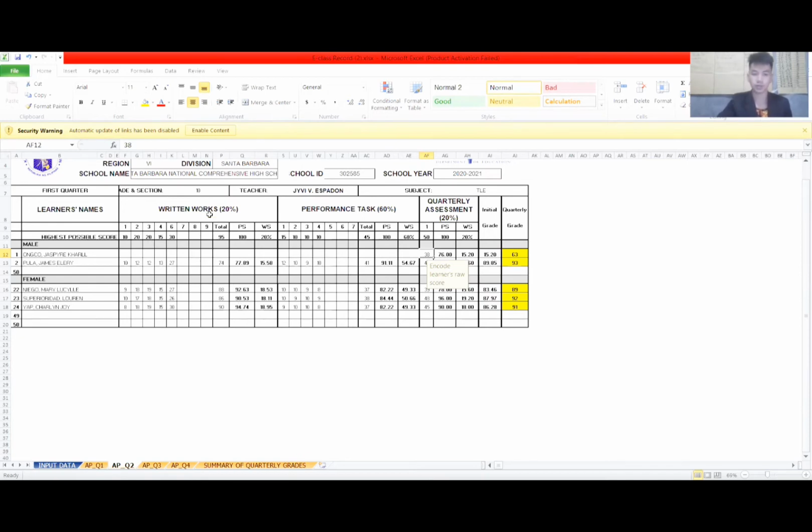First, we have written works 20%, performance tasks 60%, and quarterly assessment 20%. The same process applies in solving your grades here. But the purpose of this E-class record, with the use of Excel, is to make it easier for the teacher to solve your grades and scores, because here we have a formula and the formula is given.